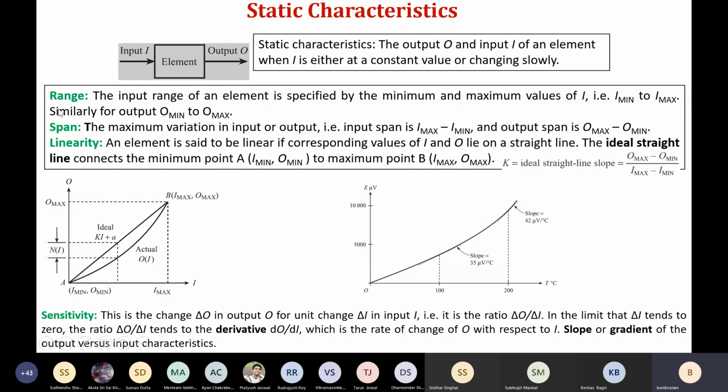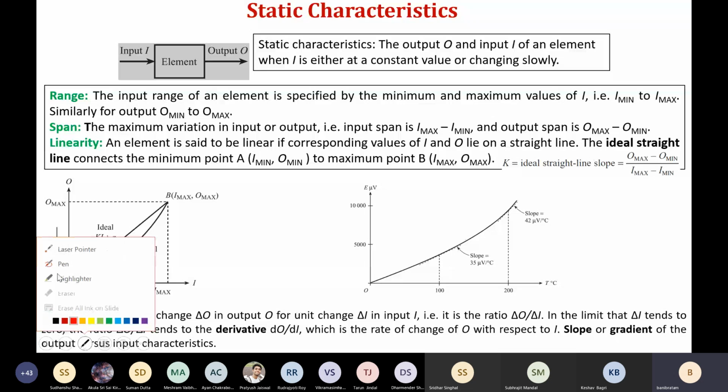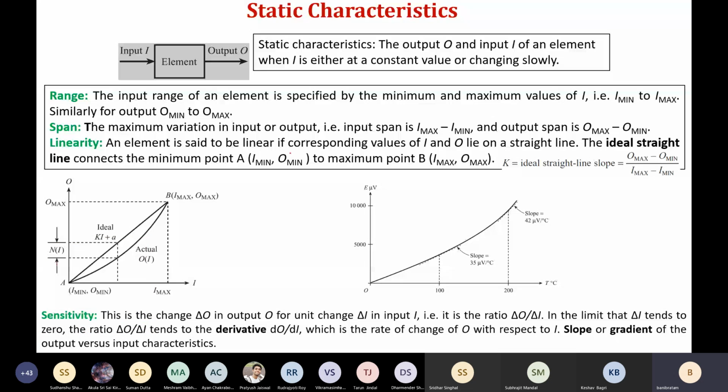Similarly, another terminology we have is called the span. Span means the maximum variation in input or output. In the example I told, the sensor can measure 0 degrees centigrade to 200 degrees centigrade. That will be your range.